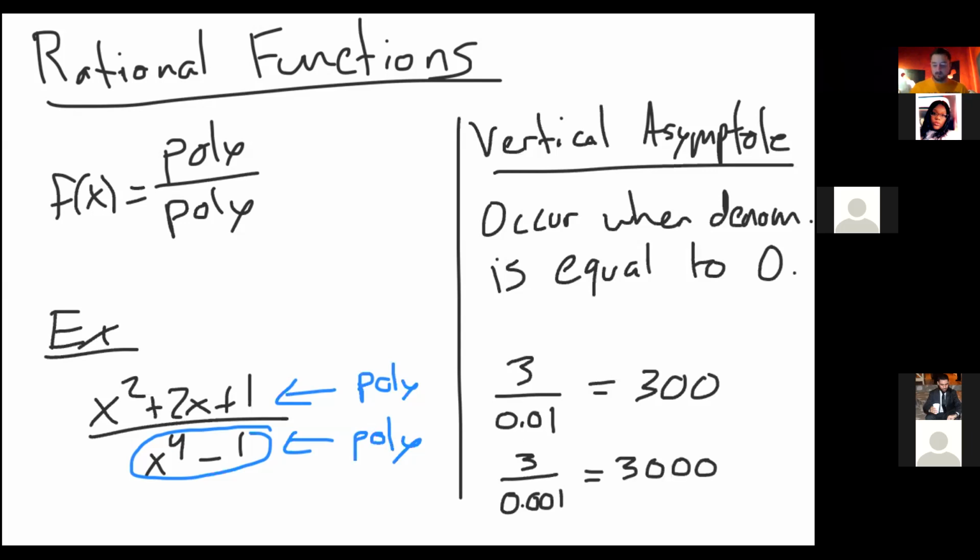3,000. If I got even closer, I'll write it up here in blue to try to just differentiate it a little bit. This would be 30,000.